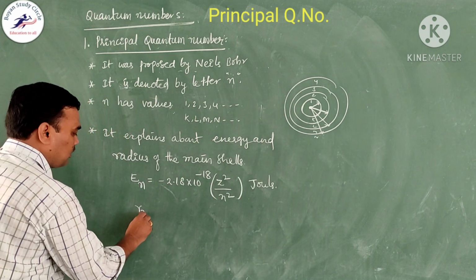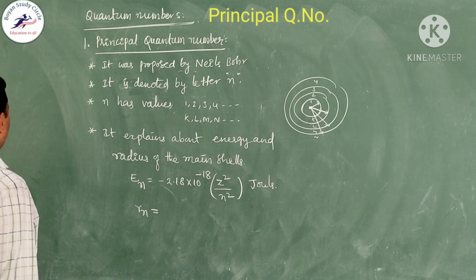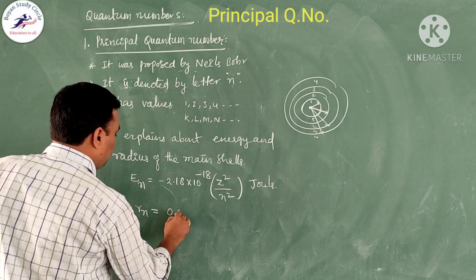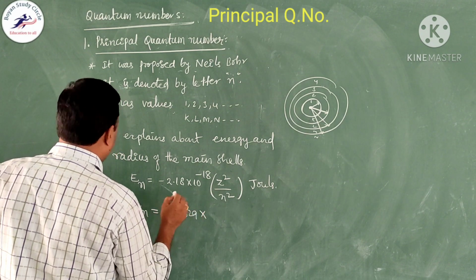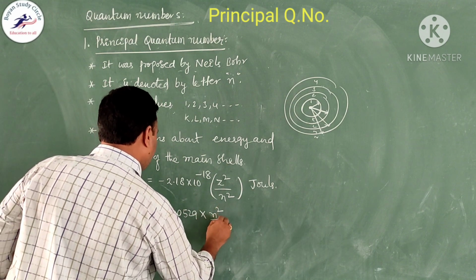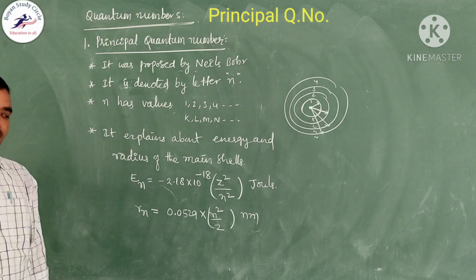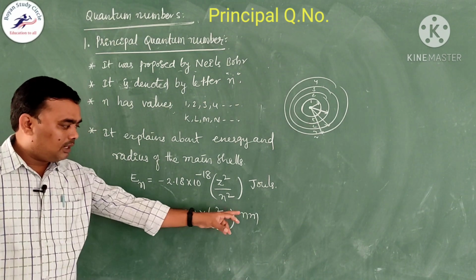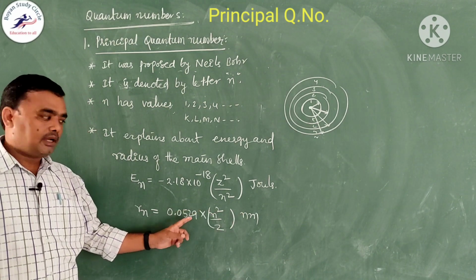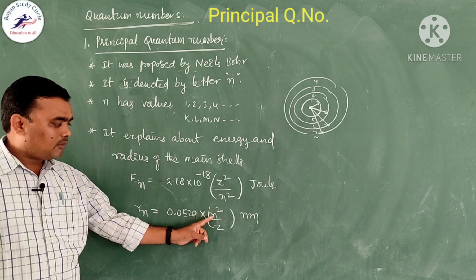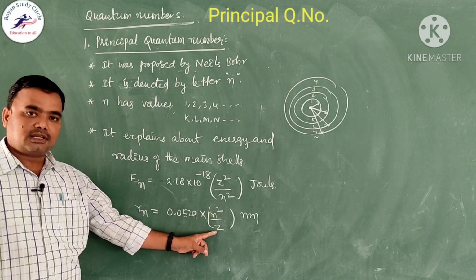In the same way, if you want to find the radius, it is 0.0529 into n square by Z nanometers. Here n is the orbit number and Z is the atomic number.